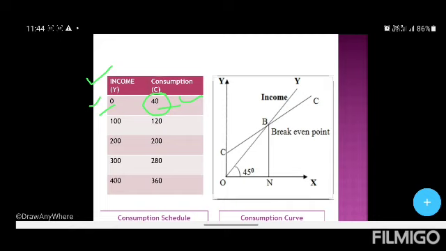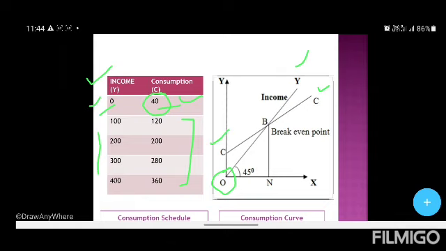And further, as the income increases, consumption also increases. Here we have the income curve and the consumption curve. Income curve is starting from the origin, and it is positively sloping. Whereas the consumption curve is starting from the y-axis. Why?